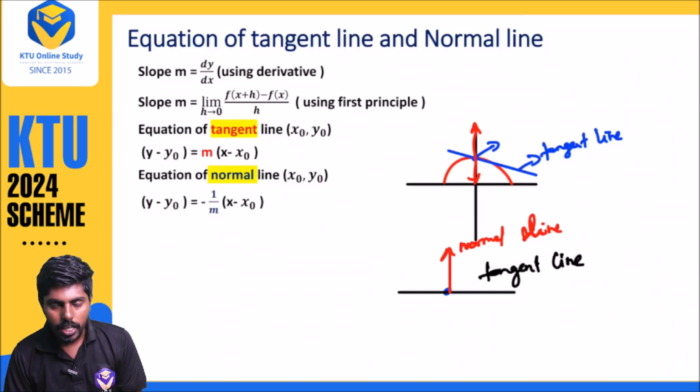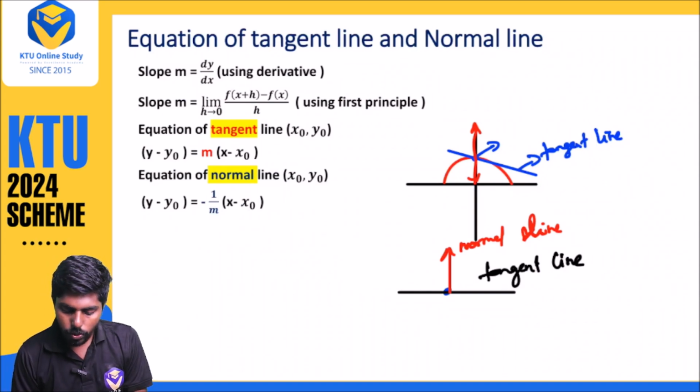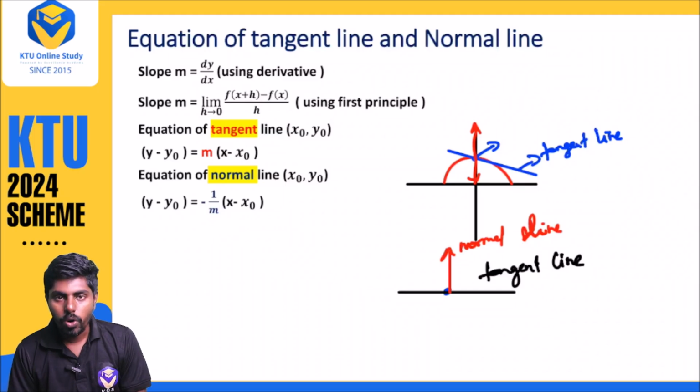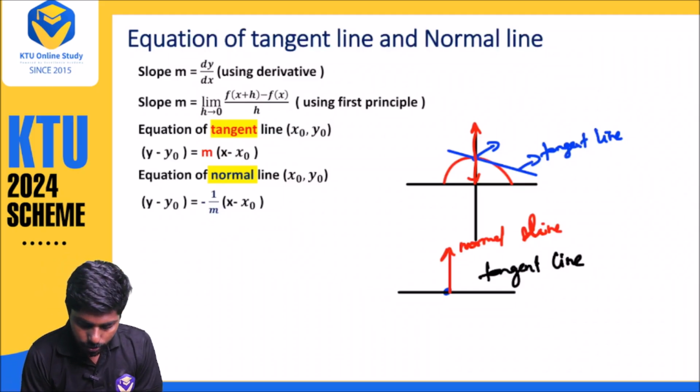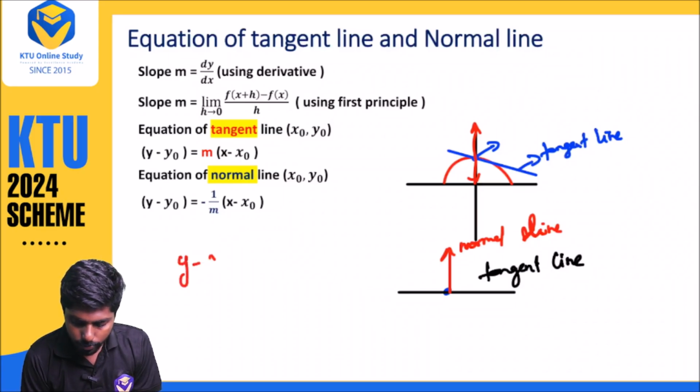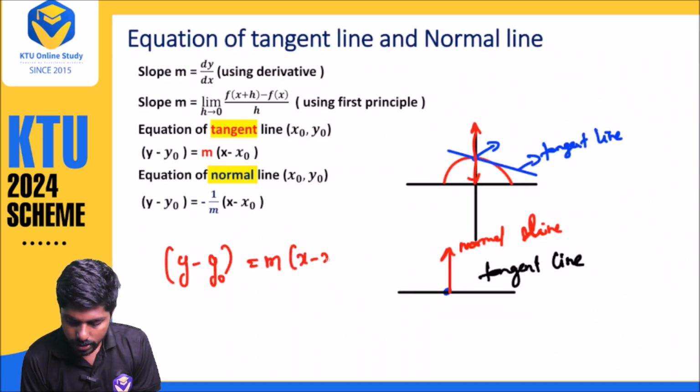In these classes you only need to recollect the formula, and that formula you have already learned. What is the slope? What is the equation of the tangent line? The equation of the tangent line is y minus y naught is equal to m into x minus x naught.